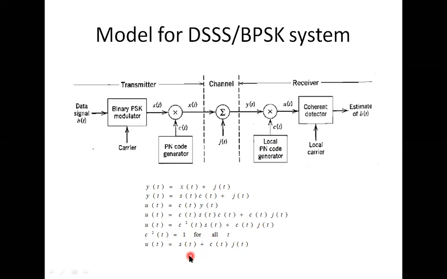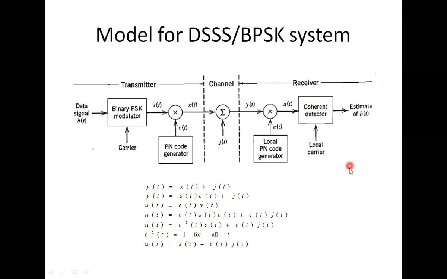And what you can observe from this equation is that this u of t is just the sum of the modulated signal s of t and c of t multiplied with the jamming signal j of t. So it is possible to separate these because they are additive in nature, and if u of t is given for demodulation, we can easily get an estimate of the data signal that is transmitted.